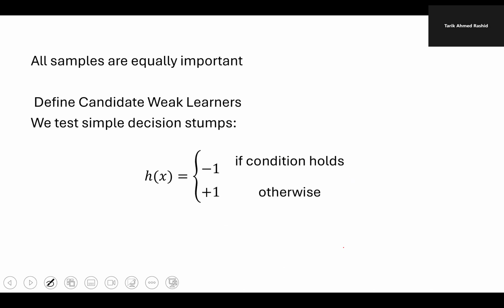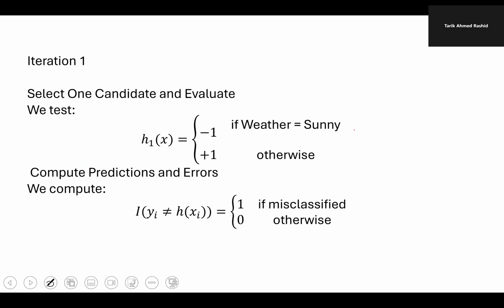Now, let's say we define a candidate weak learner from the decision stump. If it's -1, then we hold it, and if it's not that variable that we selected, it will be +1. So let's take an example. We said that we have weather: sunny, rain, and overcast. For example, we can select one candidate and evaluate.